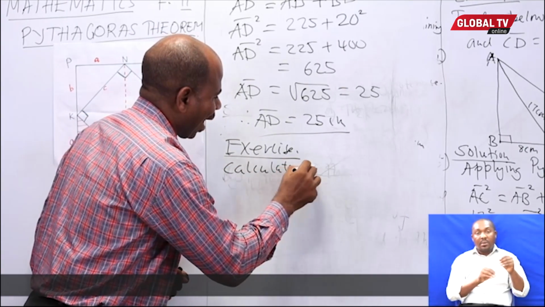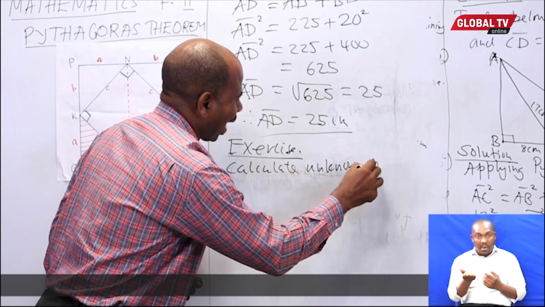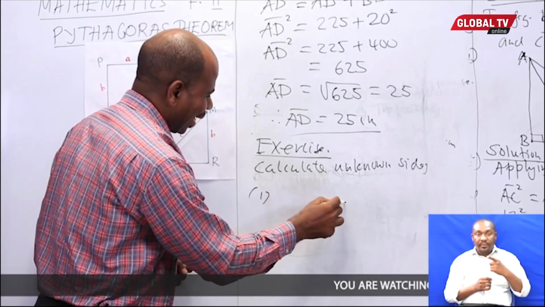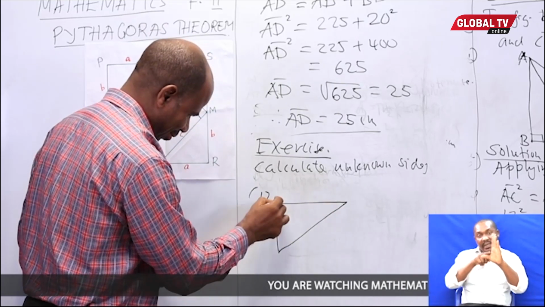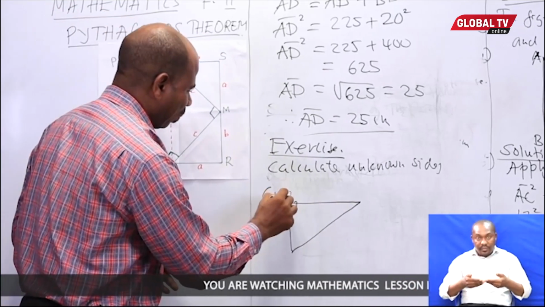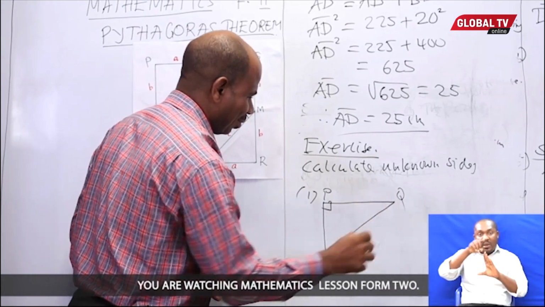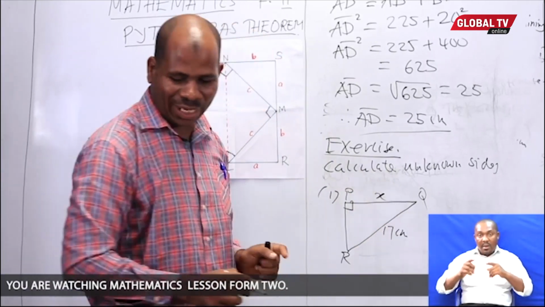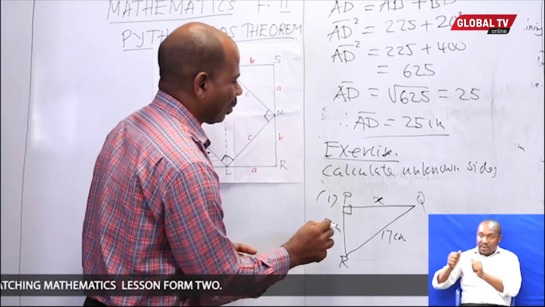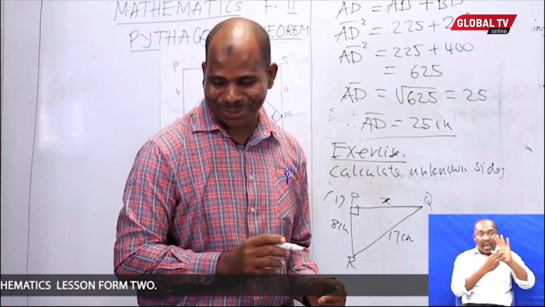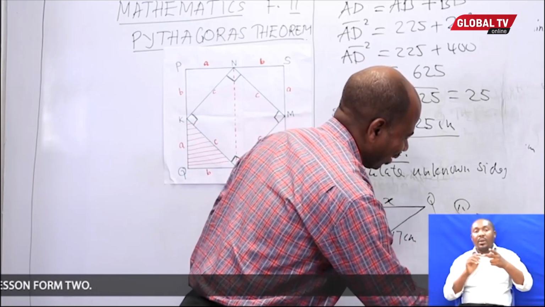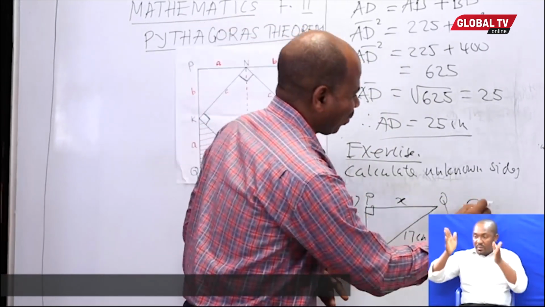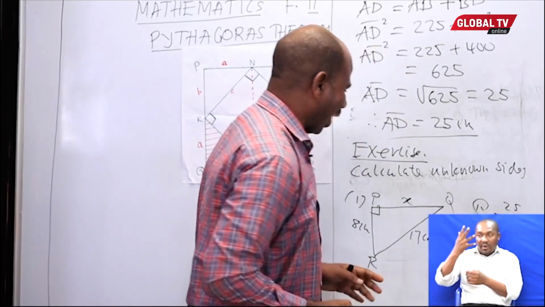Number one, we have a right-angled triangle PQR, and the length here is X. This is 17 centimeters, and we have 8 centimeters. And question number 2: this is 29, and this one is 25, and this is P. So find the unknowns X and P.